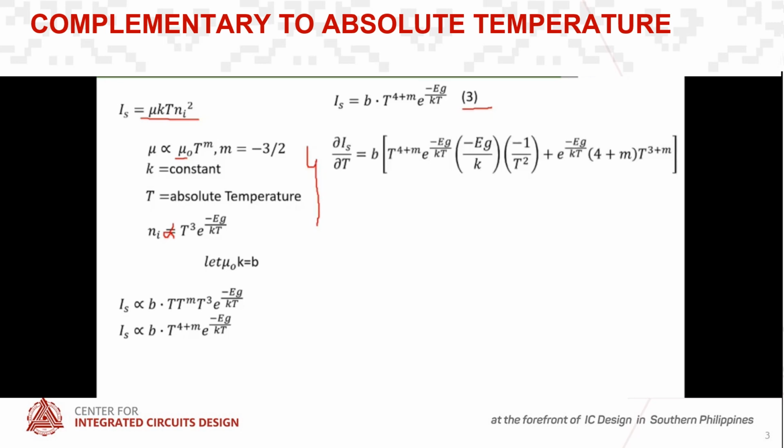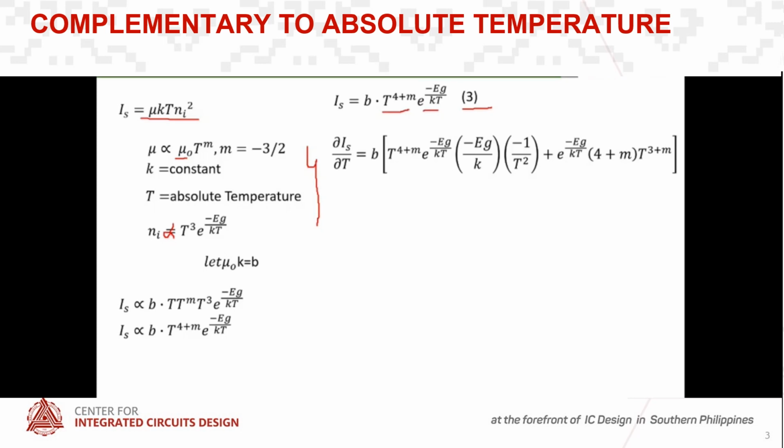So we have the partial derivative of Is with respect to temperature, and we can get that by differentiating Is by getting the first term times the differential of the second term plus the second term times the differential of the first term. So back to our differential equation: we take out the b, since we have two terms, T raised to the 4 plus m as the first term and e raised to negative Eg over kT as the second term.